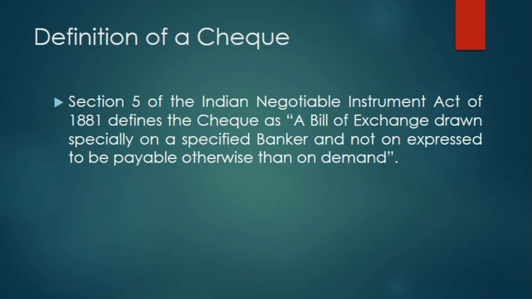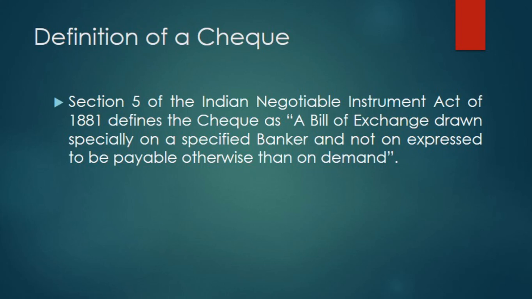According to the Negotiable Instruments Act 1881, a check is defined as a bill of exchange drawn on a specified banker and not expressed to be payable otherwise than on demand.